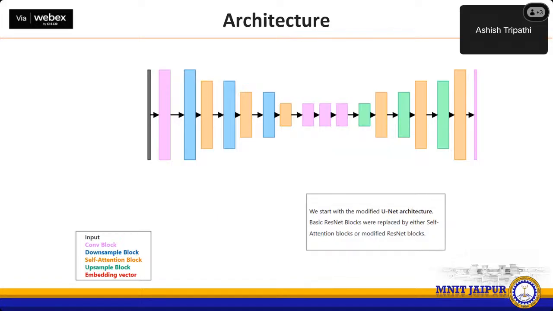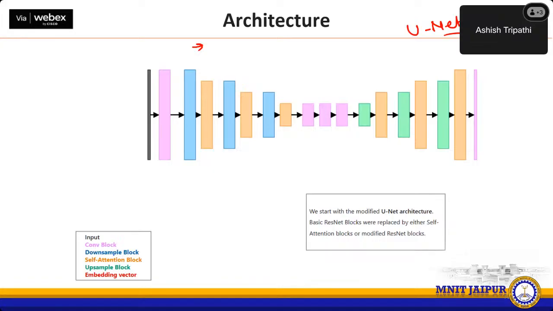I am not forcing you to choose this kind of neural network. You can have your own choice, but this is the basic architecture, similar to the UNet architecture. This is called UNet; basically, it has a U kind of shape. It goes downward, comes upward.